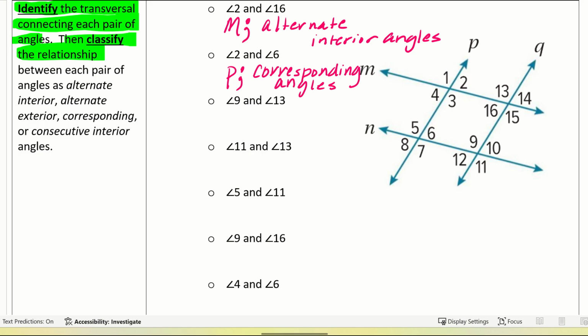Okay, so let's take a look at 9 and 13. Again, it does help to mark them, and I know you only have one picture, so you may be marking in pencil and then erasing.